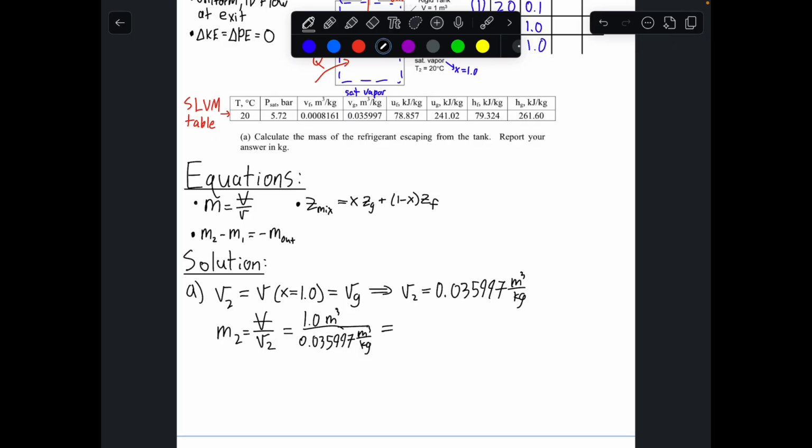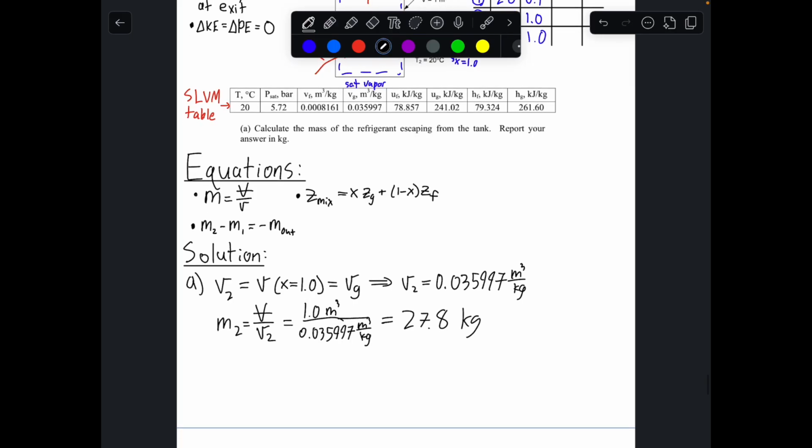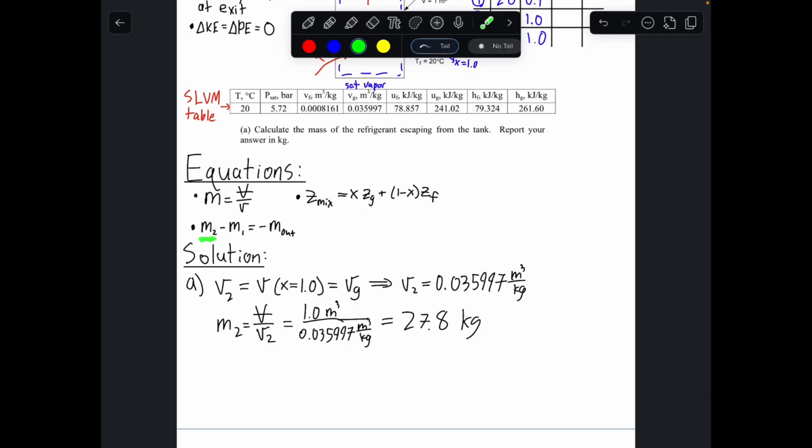And so this should give us a value of M2 is equal to 27.8 kilograms. Great, so that's our value for M2. So we are almost there.